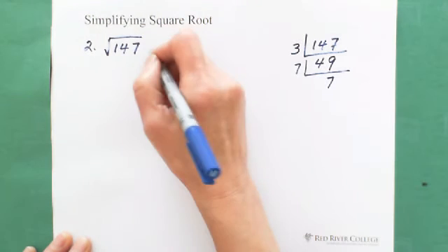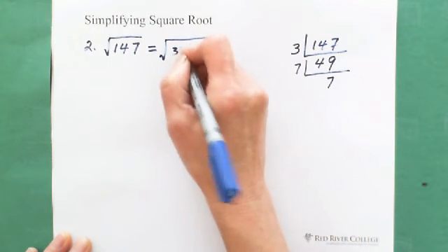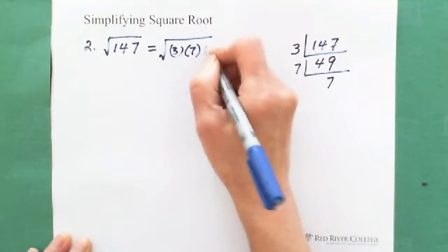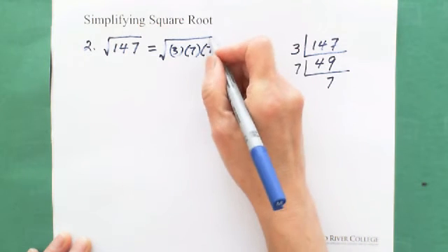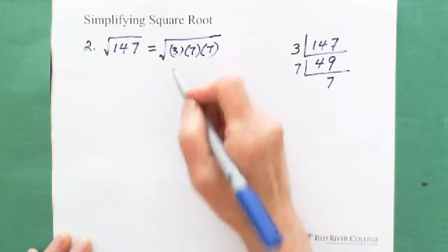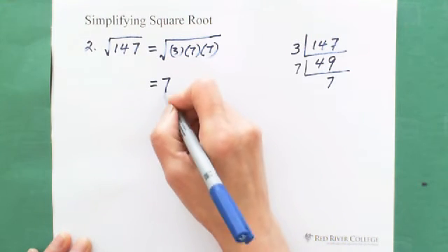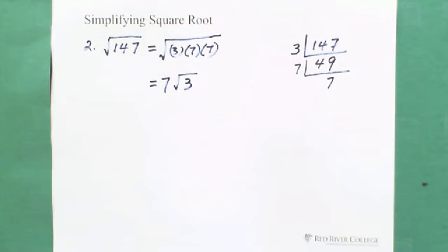Inside the radical we have 3 times 7 times 7. We have a pair of 7s, so the 7 comes out and the 3 stays inside. The answer after simplifying the square root of 147 is 7 root 3.